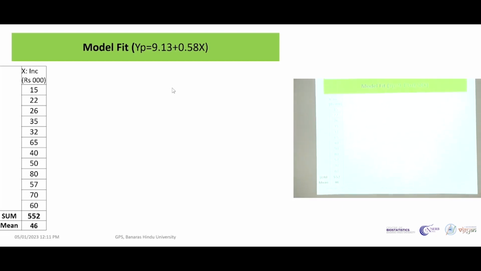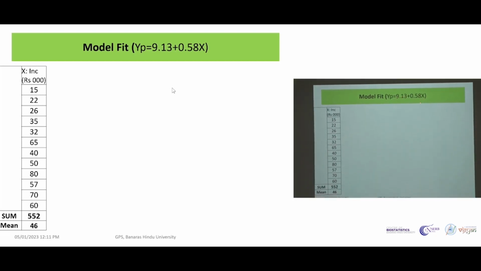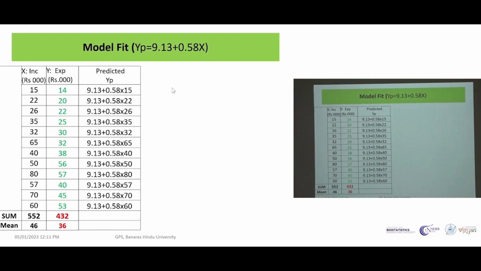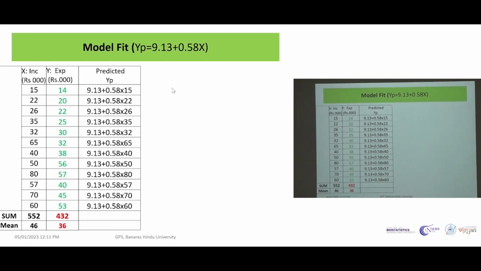Similarly, by this model we can calculate value of Y. This one was the original value from experiment, and this is the value of Y by this model.